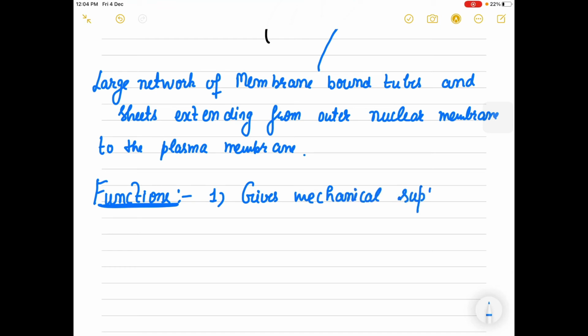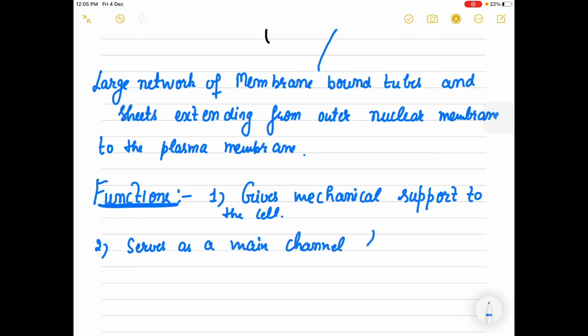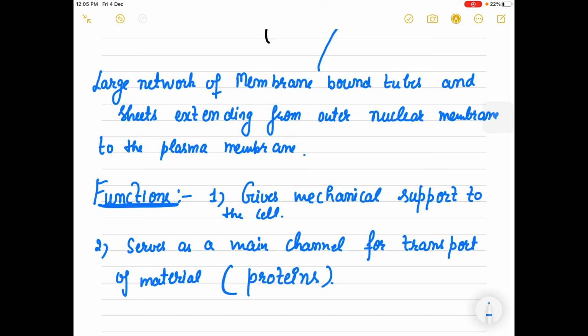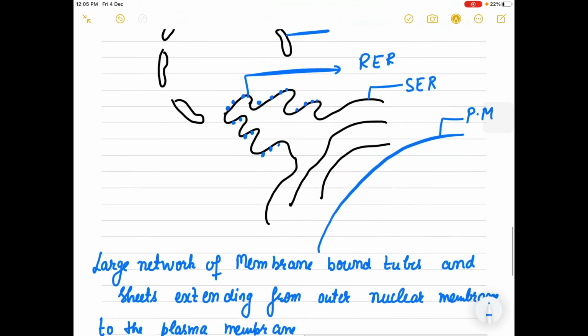It is a network of tubes and sheets, so it gives mechanical support to the cell, as well as it serves as a main channel, main area, because it is attached with the plasma membrane, for the transport of materials. अब आप पूछोगे मैम कौन सा मटेरियल स्पेशली इनटेक होता है? That is specially it helps in the transport of proteins, because ribosomes are present on it. So here protein synthesis takes place.